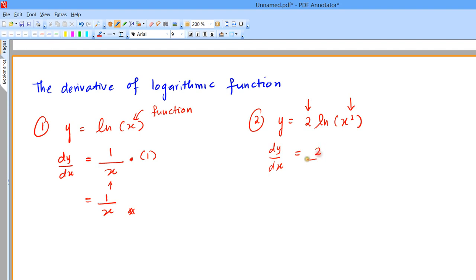So 2 over x square times differentiate function, differentiate x square equal to 2x. So now you can simplify for x, so the final answer equal to 4 over x.